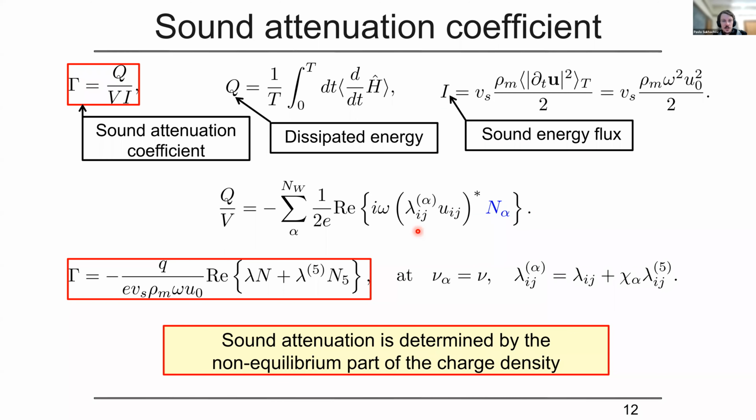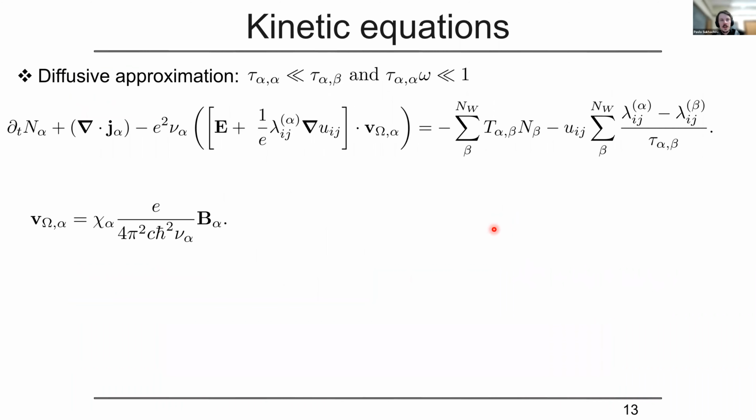So the only thing that we need to essentially calculate is this correction to the distribution function. So essentially, how electrons are perturbed by this deformation potential. And we did this by applying kinetic equations in the diffusive approximation.